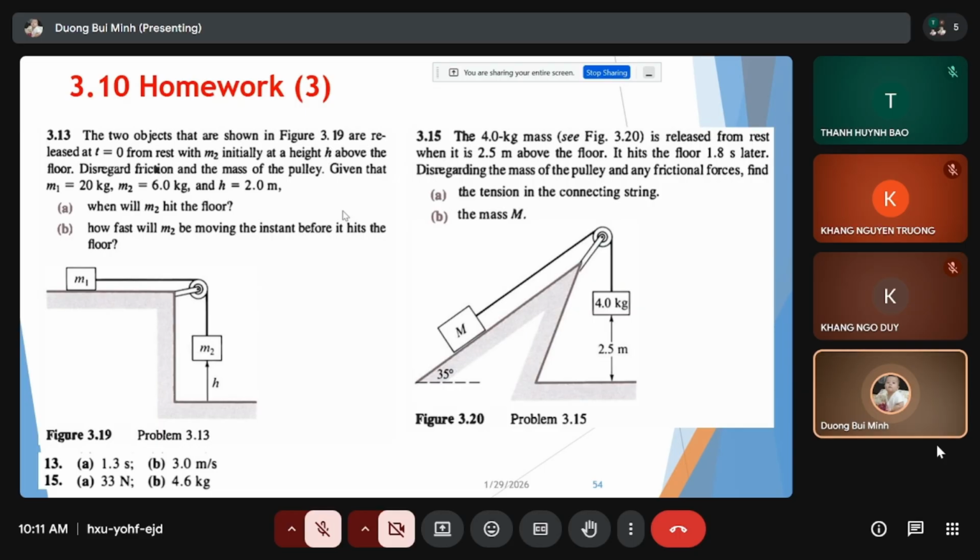For the 13th, we have two options, right? Remember, it is released from the rest at time 0, okay? So at the beginning, at the rest. So we need to consider the status expression first, at the rest, right? With M2, initially it's at a high level above the floor.